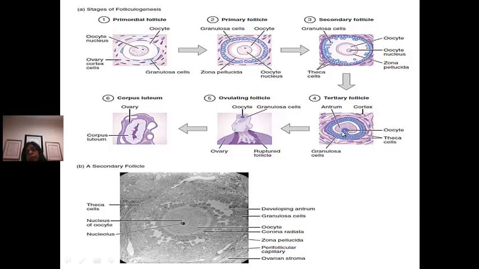All we have to remember is the oocyte at this point is going to be a secondary oocyte, and that has the zona pellucida around it and a layer of granulosa cells around it. Those over the oocyte are what you call the corona radiata, a crown over the oocyte.